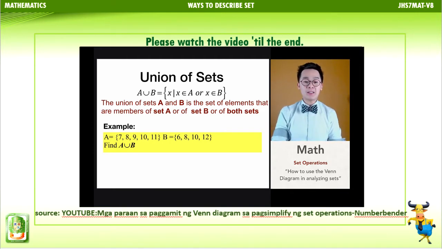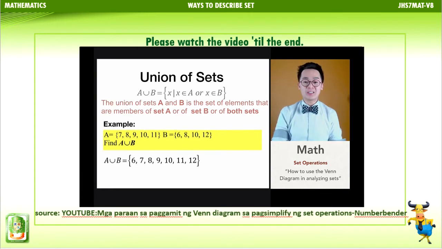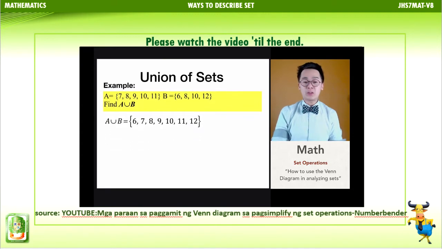So, ibig sabihin nito, makikita nyo na meron tayong number 6, 7, 8, 9, 10, 11, and 12 sa set A and sa set B at yan yung tinatawag natin na union sets. So, kung meron tayong A union B, yung lahat ng mga elements na makikita natin sa subset na distinct, yun yung ating union of the two sets, which is A union B.